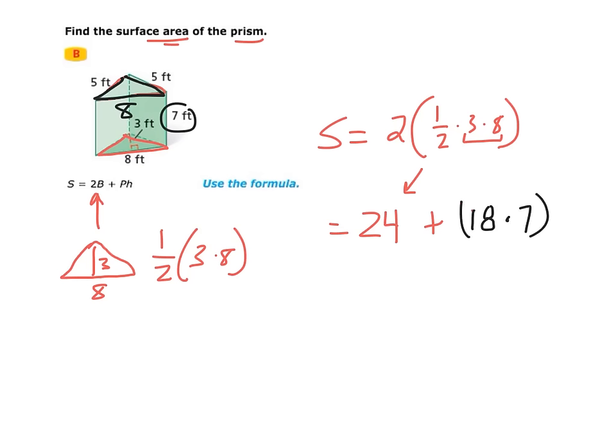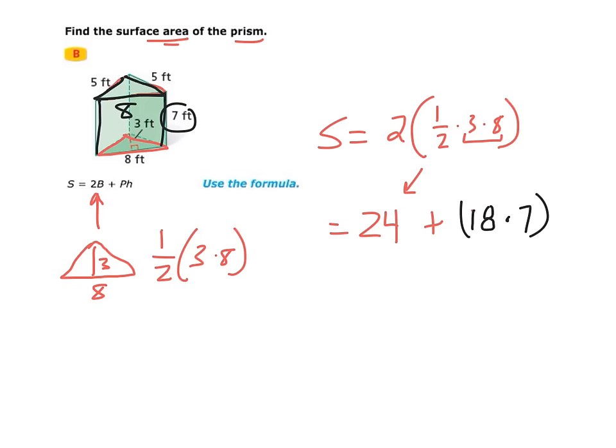So I found the area of the two triangular faces to be 24. Now I'm finding the perimeter and multiplying it by the height to find the lateral area. The lateral area is the area of all the stuff between the two faces.